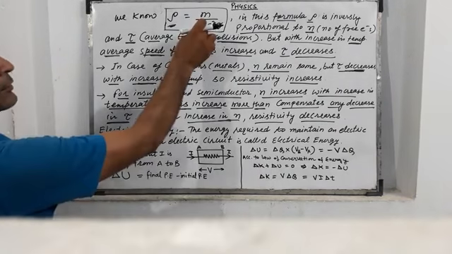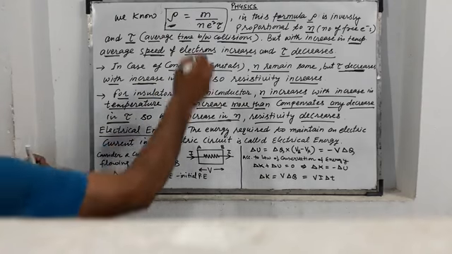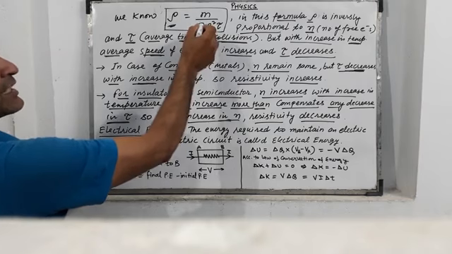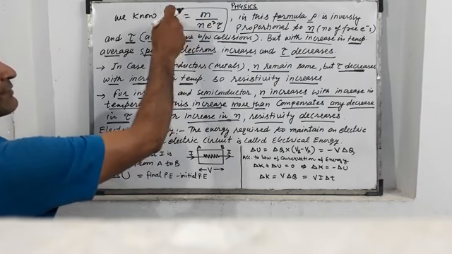Once again, in case of insulators and semiconductors, n increases with increase in temperature, so resistivity decreases.